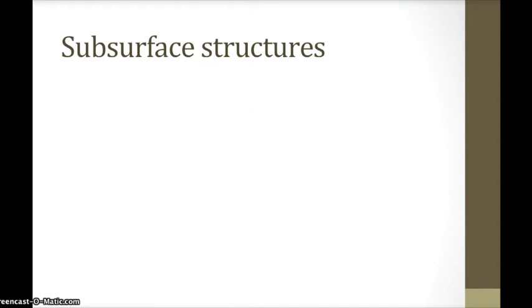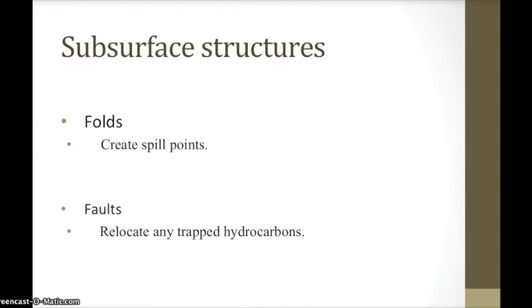When hydrocarbons reach their destination, some traps will experience some movement due to changes in the subsurface. Normally, hydrocarbons would typically be trapped either structurally or stratigraphically. And after being trapped, hydrocarbons can experience some movement caused by either faults, which create spill points, or faults, which relocate any trapped hydrocarbons.